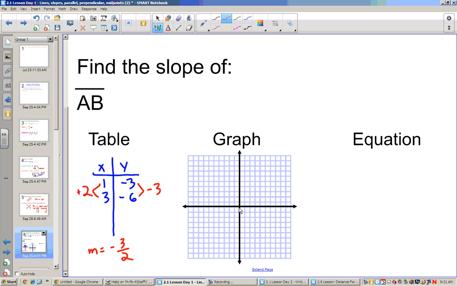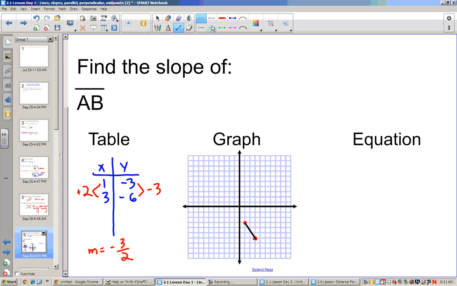Another thing you could do is do it on the graph. 1, negative 3 is this point here. I want 1 to the right and 3 down. 3, negative 6, 1, 2, 3, 4, 5, 6 is right here. So if I draw a straight line connecting them, I want to know that slope.